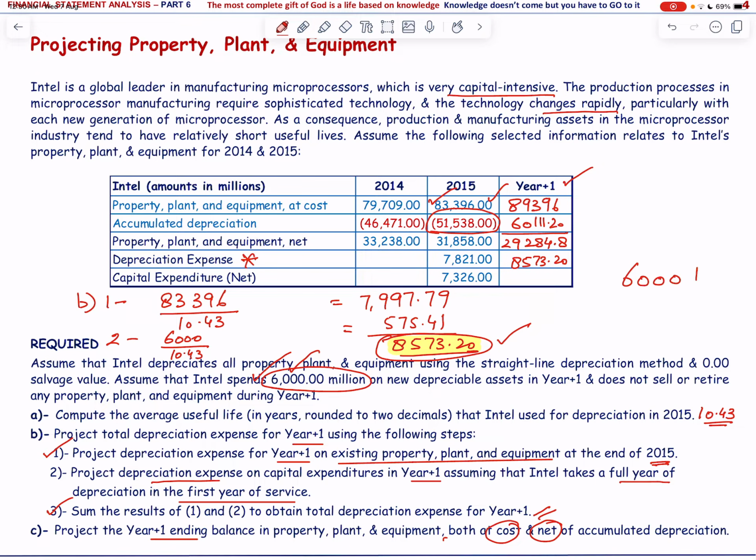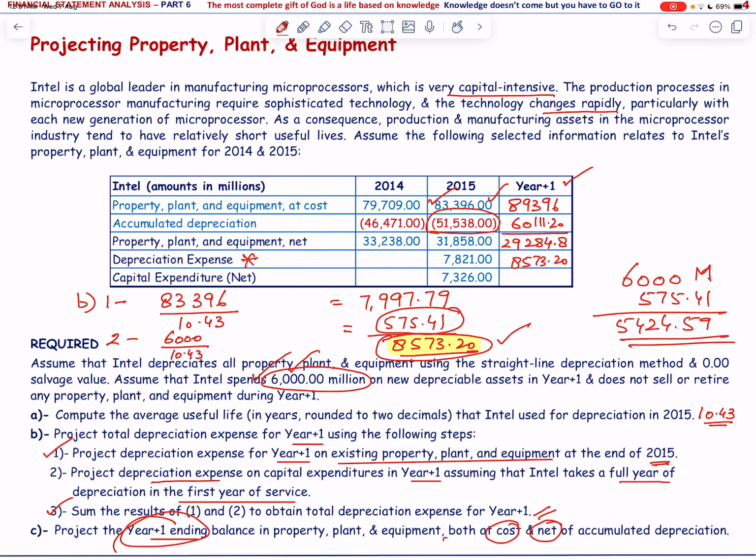This is the property, plant, and equipment at cost for year plus 1. And then the net will be, we will subtract the depreciation, and the depreciation for this 1 year was 575.41, so that will be equal to 5424.59.